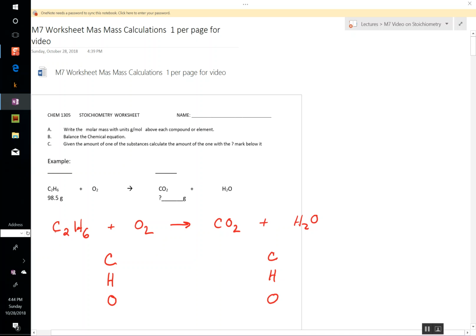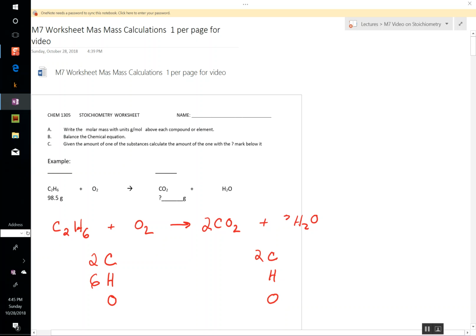So what we have in C2H6 is two carbons. So to get two carbons to come out in the products, I'm going to put a 2 in front of the CO2. What we have in C2H6 is 6 hydrogens. And to have those 6 hydrogens appear on the product side, conservation of mass requires this.